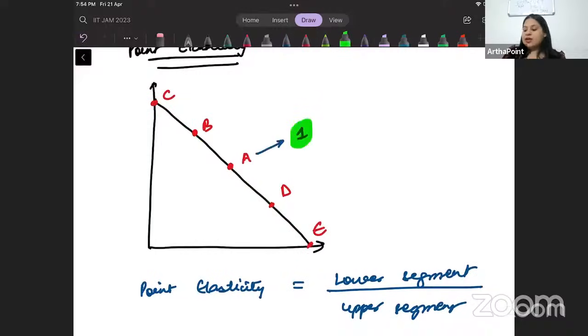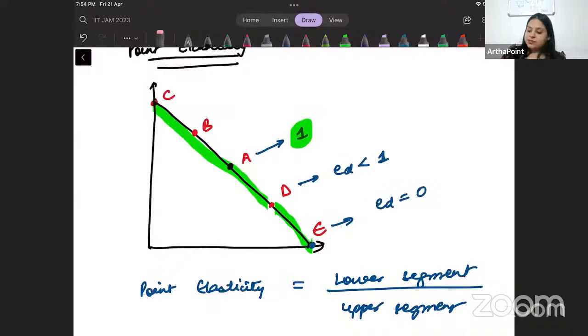Now look at D. Lower segment is smaller, upper segment is bigger. So I am dividing it by a bigger number. That means elasticity has to be less than 1. Look here, beta. Lower segment is 0. इसके नीचे कुछ है ही नहीं. So elasticity will be 0. Look here. Here, lower segment is this much.